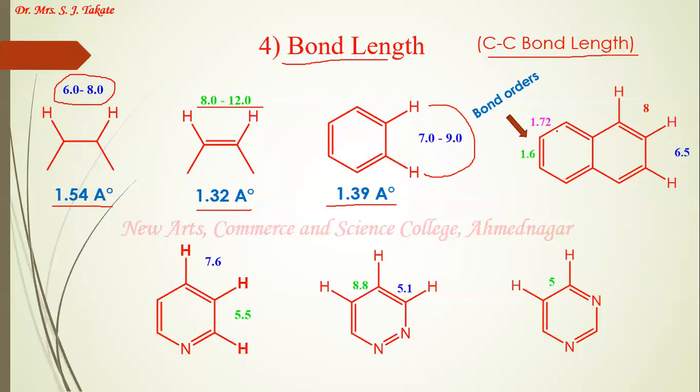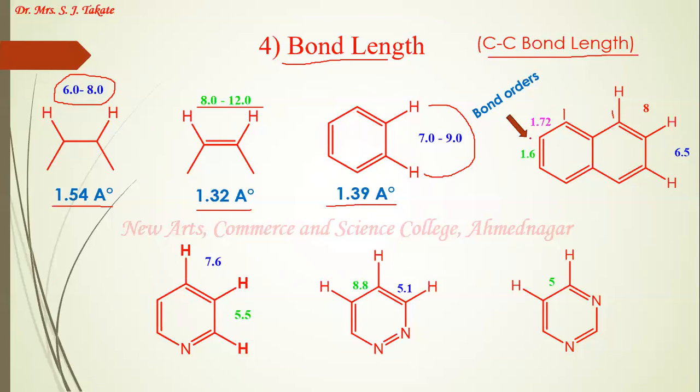That can be seen again in the case of the naphthalene molecule. In naphthalene, we can start the numbering from this side or from this side. So this position is 1, or this can be the 1 position. This can be 2, this can be 2. And this is a third position, and this is another third position. Now if you look at this, all the bonds present in the naphthalene molecule do not have identical bond lengths as in benzene.